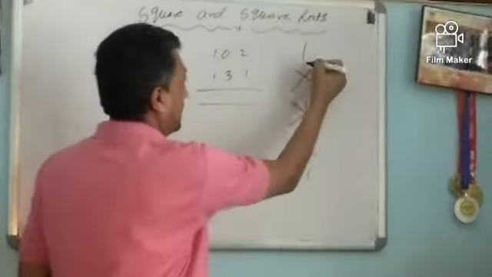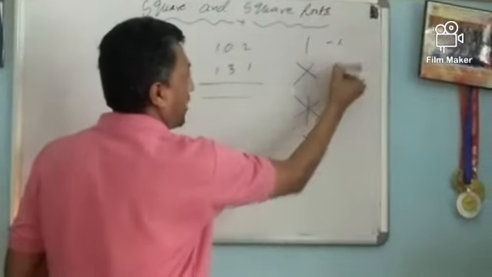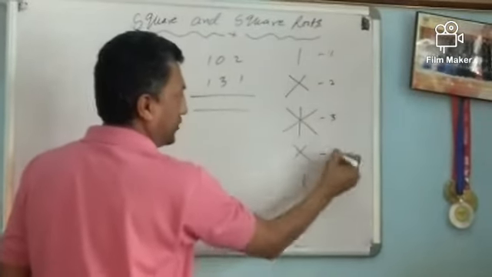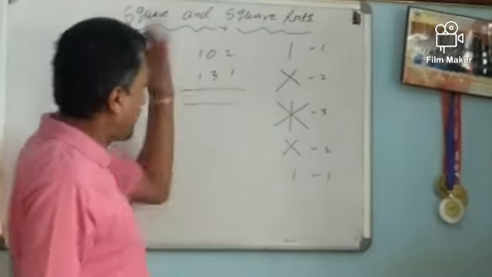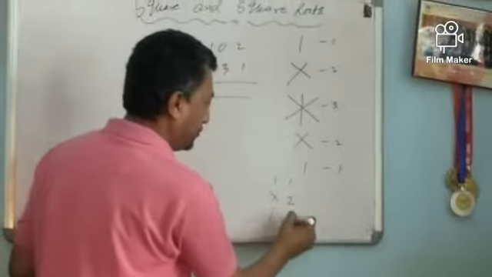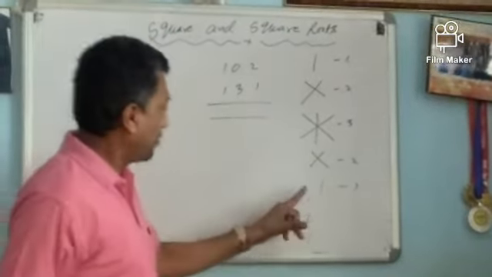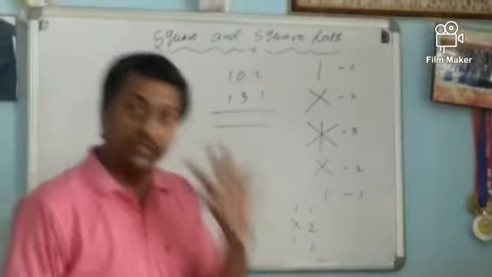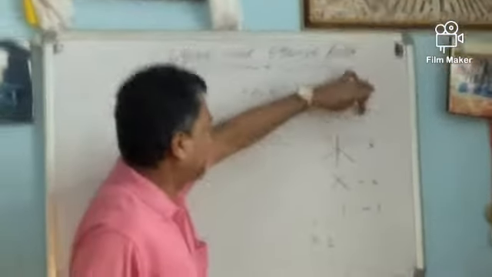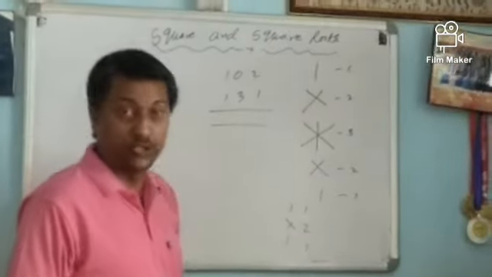We can see 1 2 3 2 1. Single, cross, single means 1 2 1 whenever two numbers are there. Whenever three numbers are there, it is 1 2 3, then 2 1. So this is the basic concept.